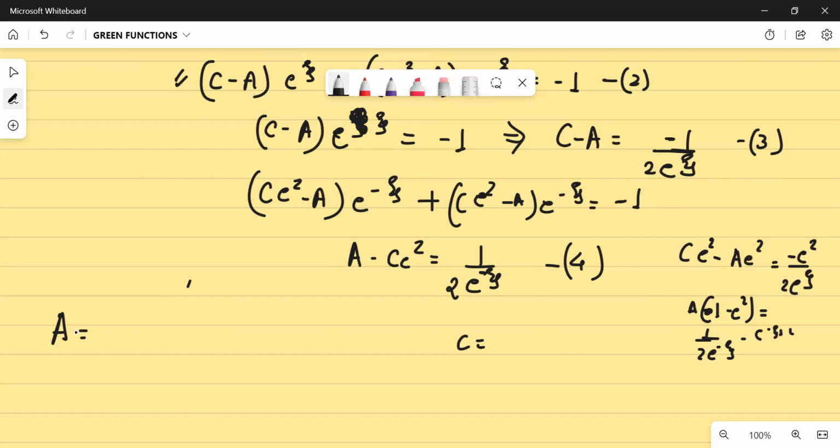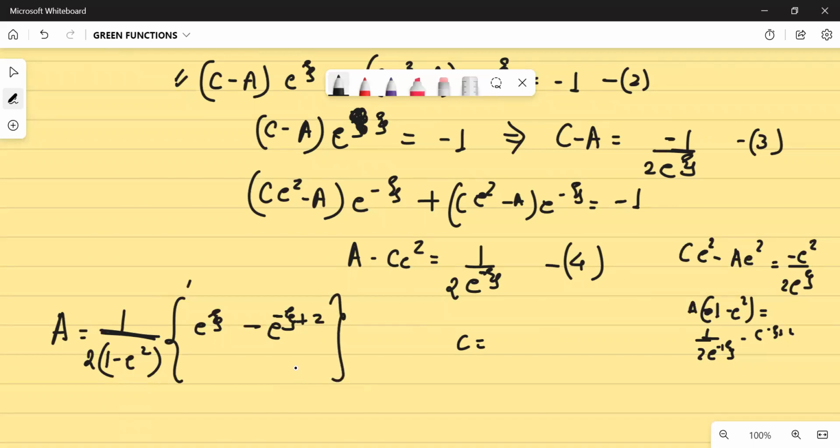Okay, so I think a will come as 1 upon 1 minus e square, and then if I take 2 also common, you will get e to the power zeta, and then you will have a term minus e to the power minus zeta plus 2.